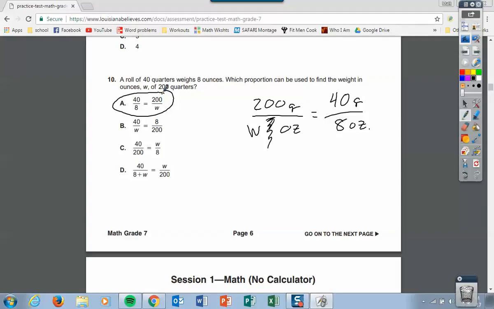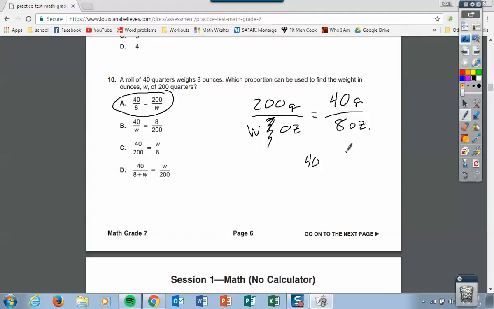Well, I would be thinking about how does 40 go into 8? So 40 times what is going to give me 8? And why would I do that? That seems redundant.